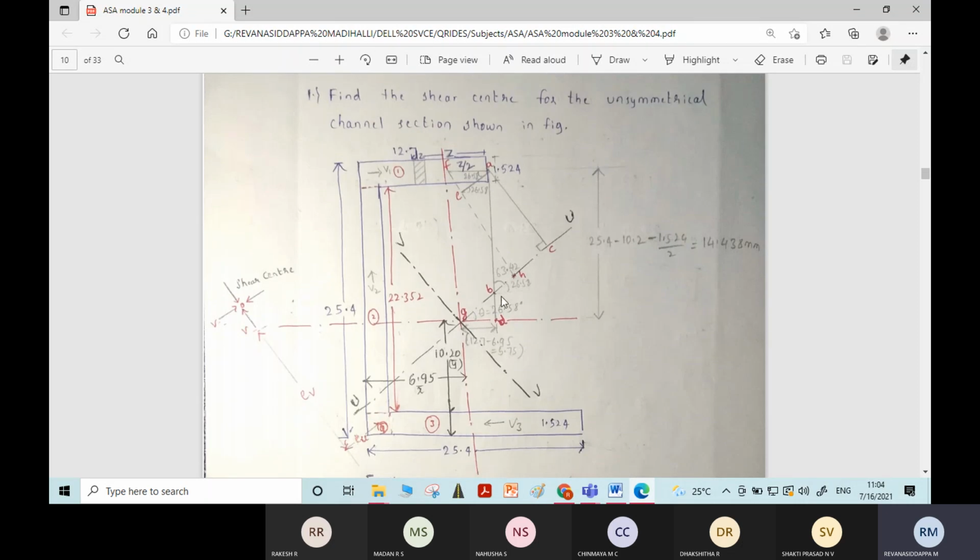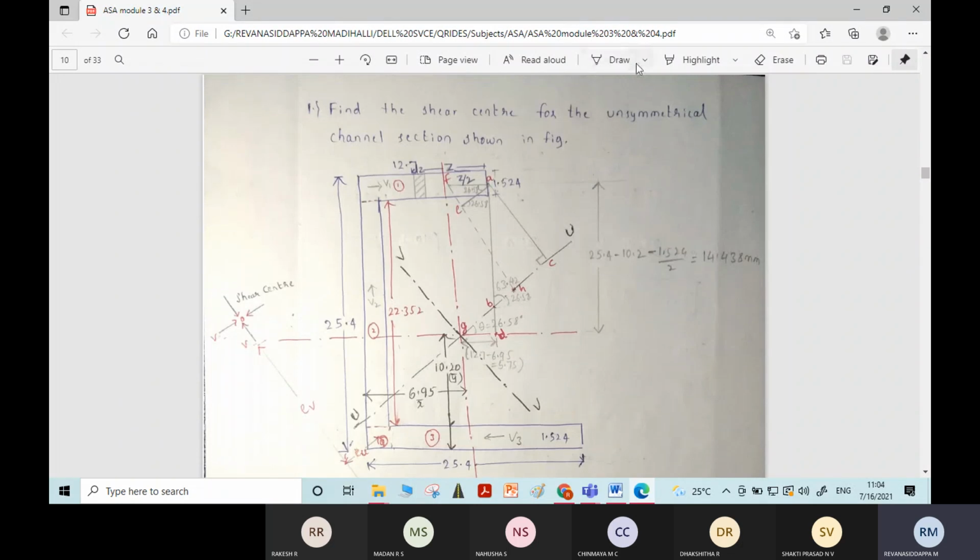If the section is symmetric about the x-axis, the shear center will lie anywhere along the x-axis. If the figure is symmetric about the y-axis, the shear center will lie anywhere along the y-axis.